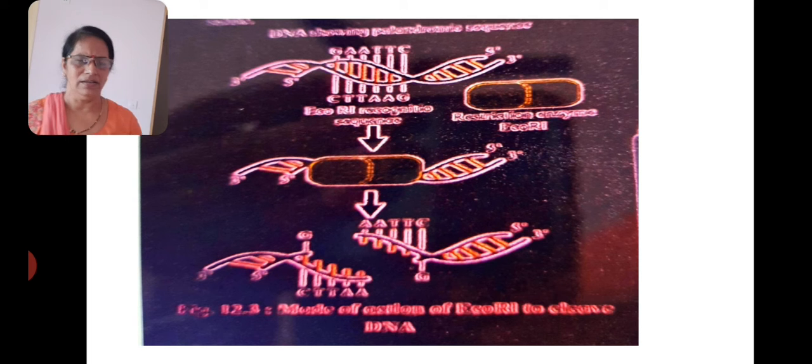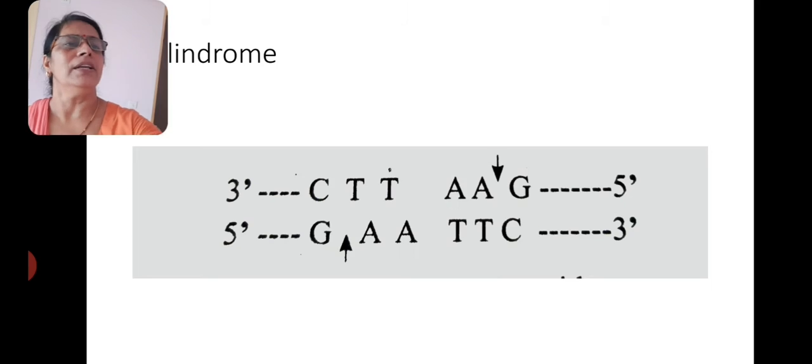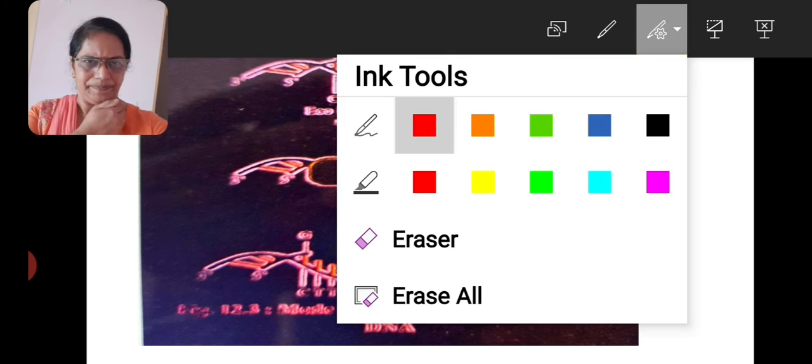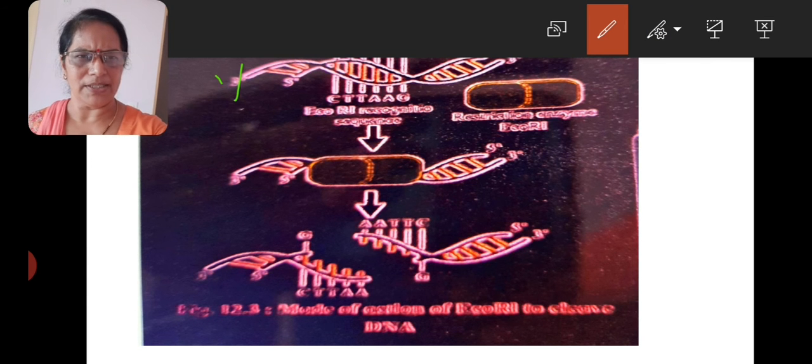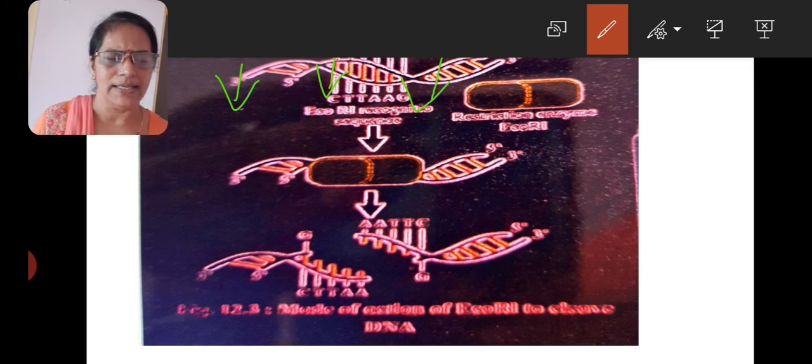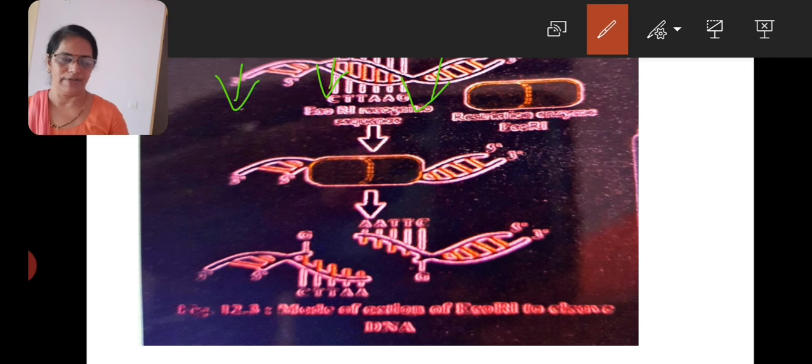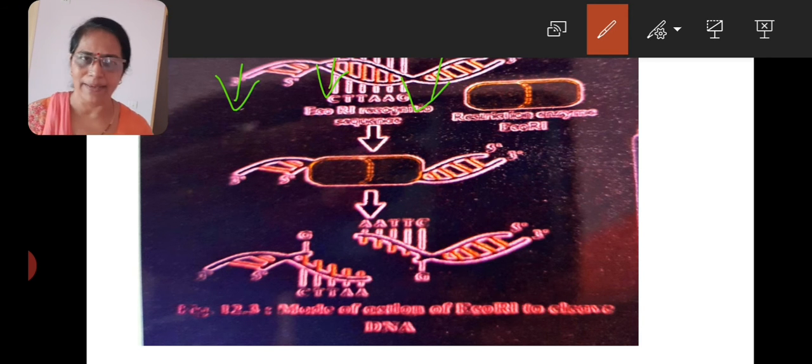Then what is the cleavage pattern? How does it cleave? When an endonuclease enzyme is applied on the DNA, firstly it recognizes the recognition sequence, which is like a palindrome.